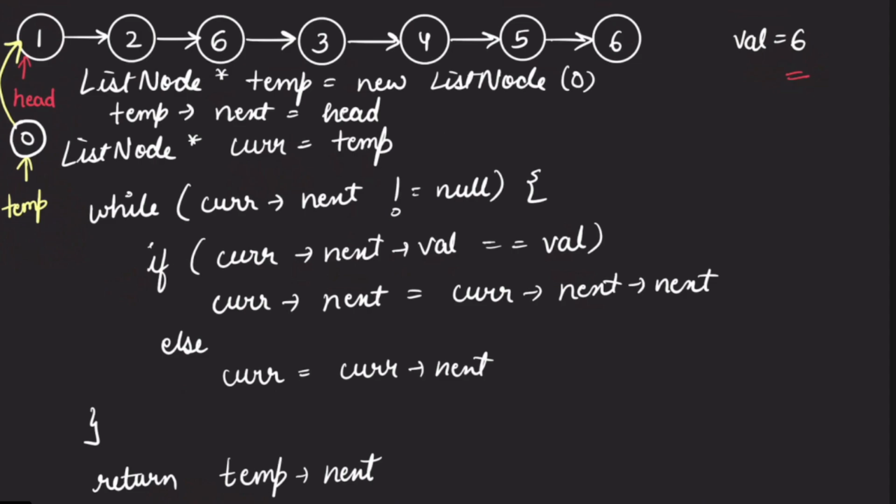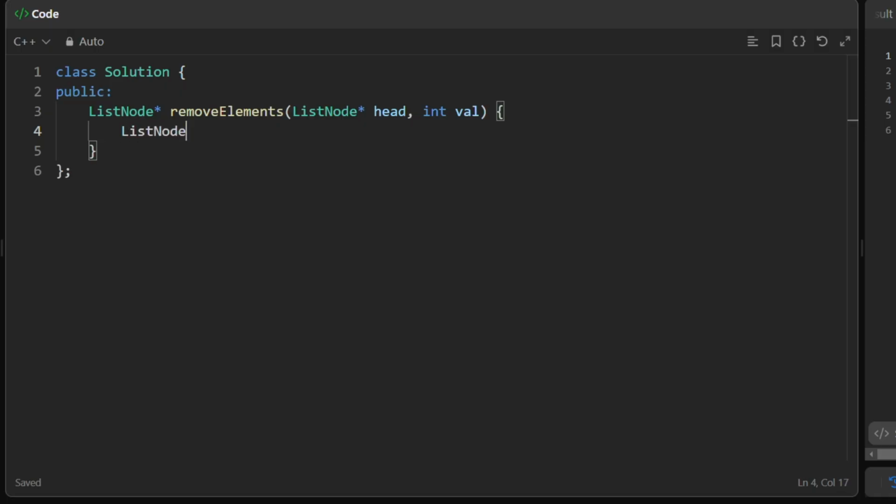So now let's code it out. First we will create a temp node: ListNode temp equals new ListNode, and we'll give it a value of 0. Then in temp's next, we will give head. Then we'll create a new pointer, current node, which will start from temp.